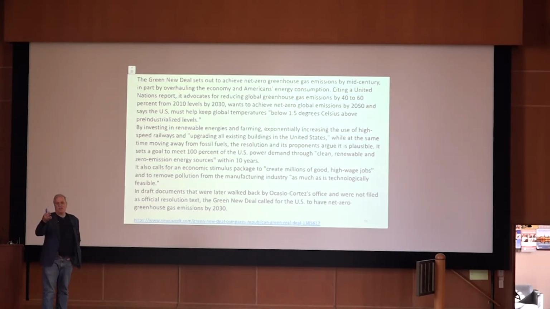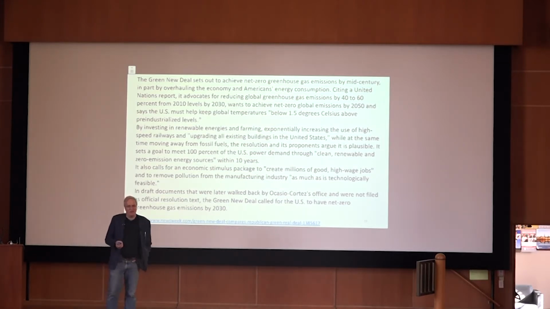Did anybody who read the Green New Deal, it was on the list of reading for the day, actually see anything about the timing? Yeah, it's not in there at all. The only thing they say is that we have to plan for net zero in the first 10 years. So we have to have a plan over the first 10 years. Doesn't say how long it's going to take.